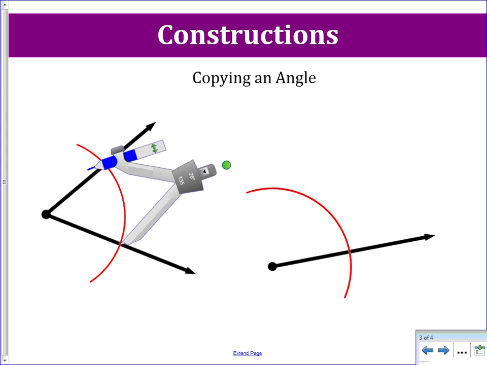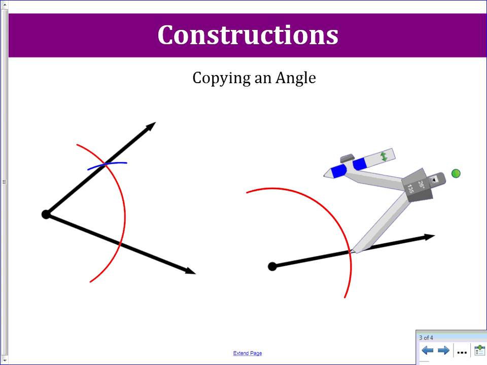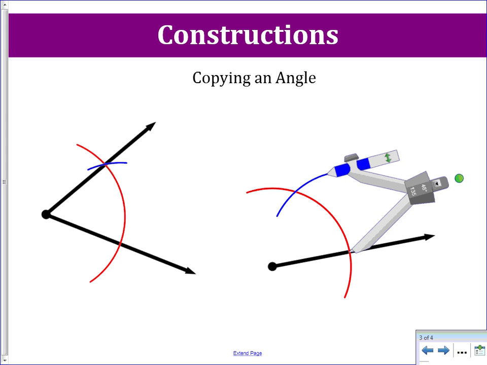Now, we measure that distance. The only place we can put our compass now on this ray is the intersection with the arc and the ray. So we put the center of our compass in the same exact spot, and then we just make our arc.